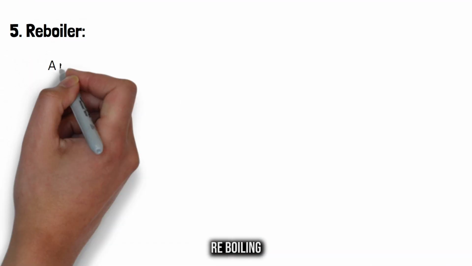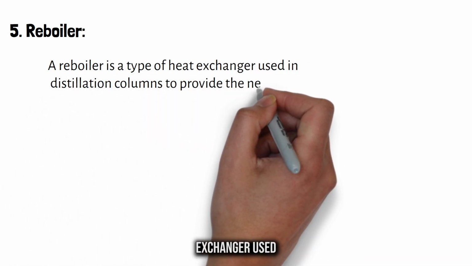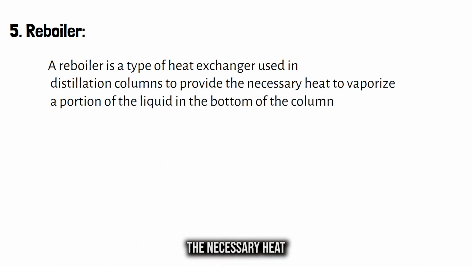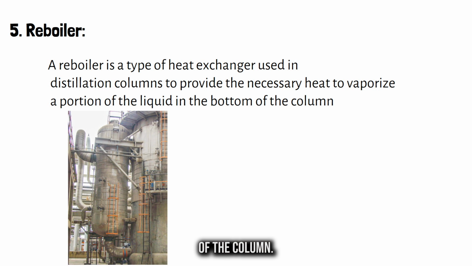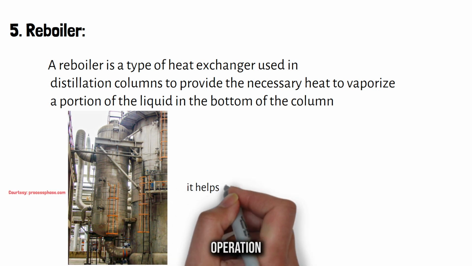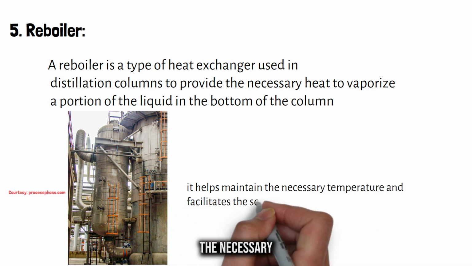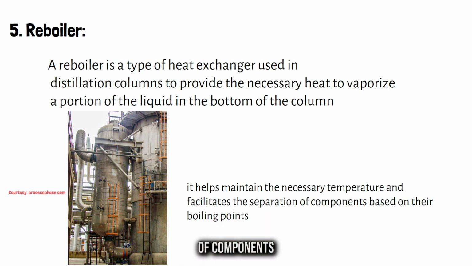5. Reboiling. A reboiler is a type of heat exchanger used in distillation columns to provide the necessary heat to vaporize a portion of the liquid in the bottom of the column. This vaporization is essential for the continuous operation of the distillation process, as it helps maintain the necessary temperature and facilitates the separation of components based on their boiling points.